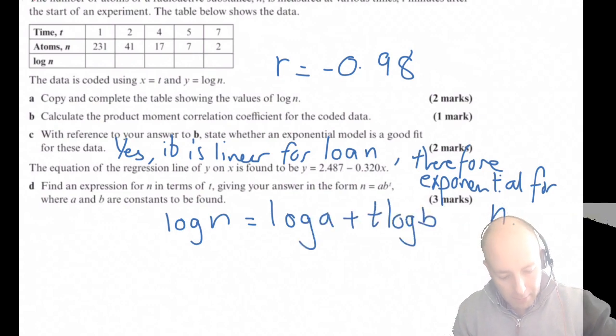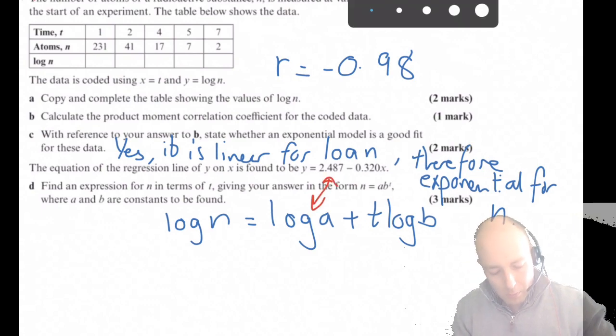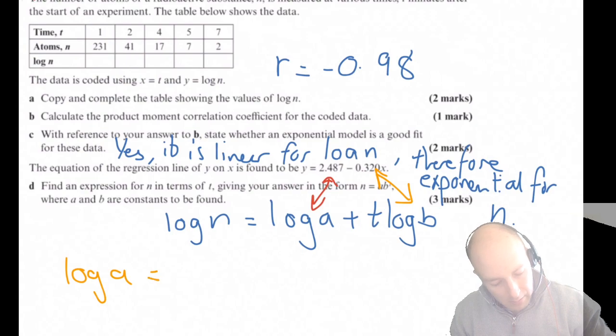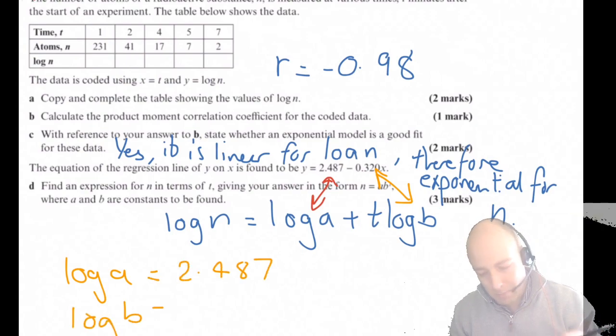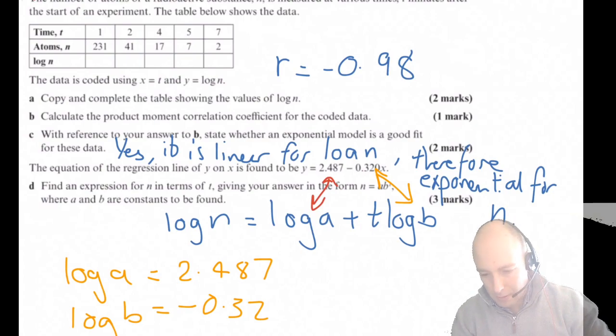We're then going to compare it. So we get log a is going to be that, and log b will be that. So log a is 2.487, log b is minus 0.32, and we can use 10 to the power to find those values. So we get b is 0.469.